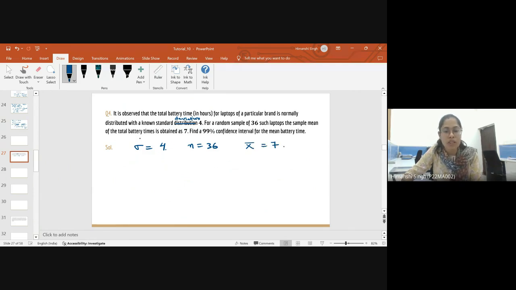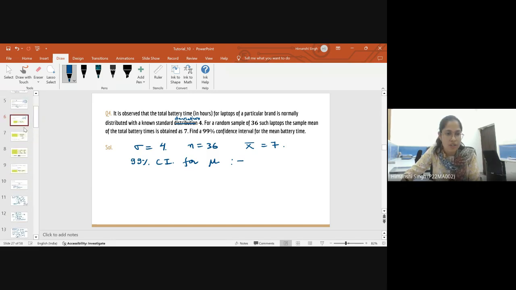Now we know the standard deviation and the sample mean. We need to find the 99% confidence interval for mu. What will be the formula for that?